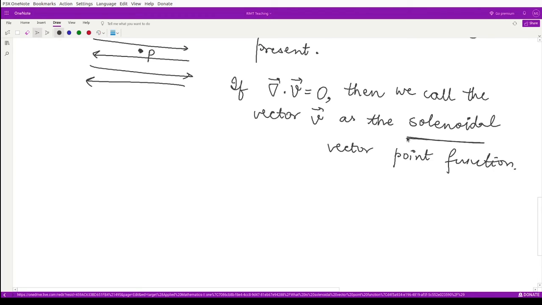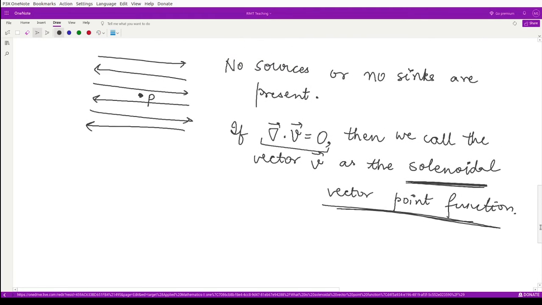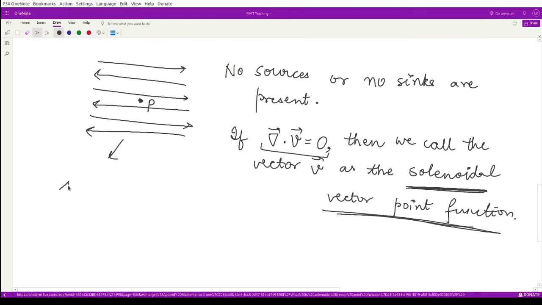So now you should remember this. This is the definition for solenoidal vector point function: a vector point function where the divergence of that particular vector is equal to 0. So that means in that case we have a steady movement of fluid at that point.